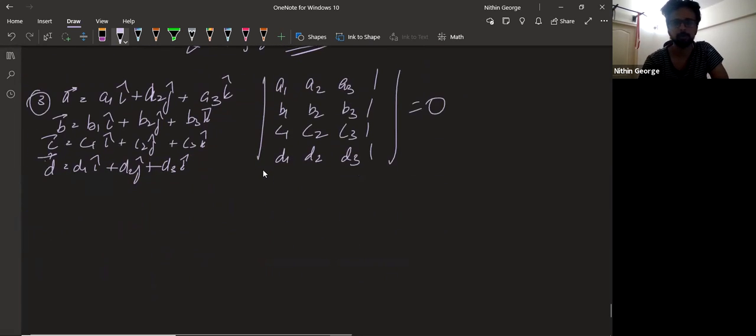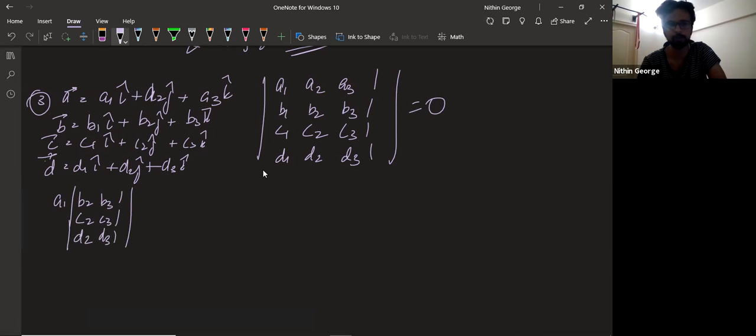All right, so this is a 4 cross 4 determinant. You can find this, right? You expand along any row. So it's nothing but a1 into b2, b3, 1, c2, c3, 1, d2, d3, 1. So this is a 3 cross 3 determinant. You can easily find that out.